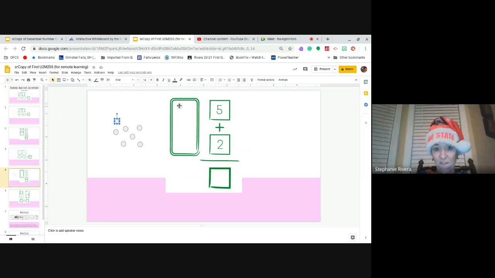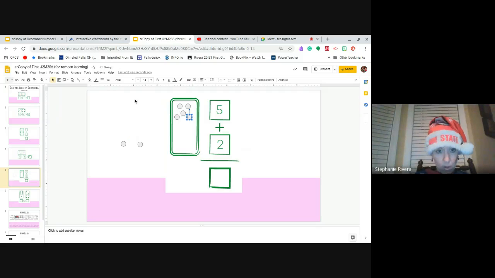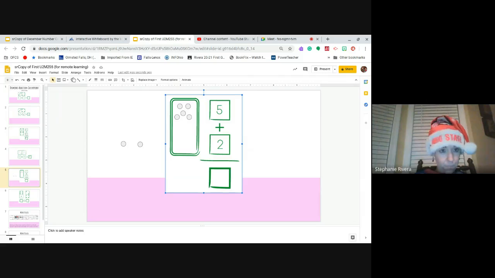All right, our next domino, we have 5 plus 2. So we're going to make sure we have 5 dots up here at the top. Okay, definitely. We have 5 dots up at the top. And now we need to get some dots down here at the bottom.